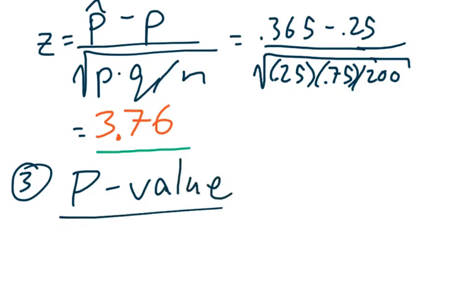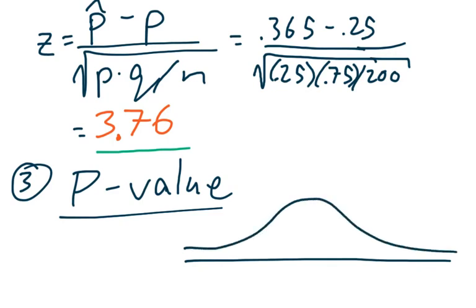We don't have to do this sketch, but it helps to have a kind of mental picture of what's going on. So here's 3.76. And since that's a positive z value, we're looking for the right side area, so we're shading in here.